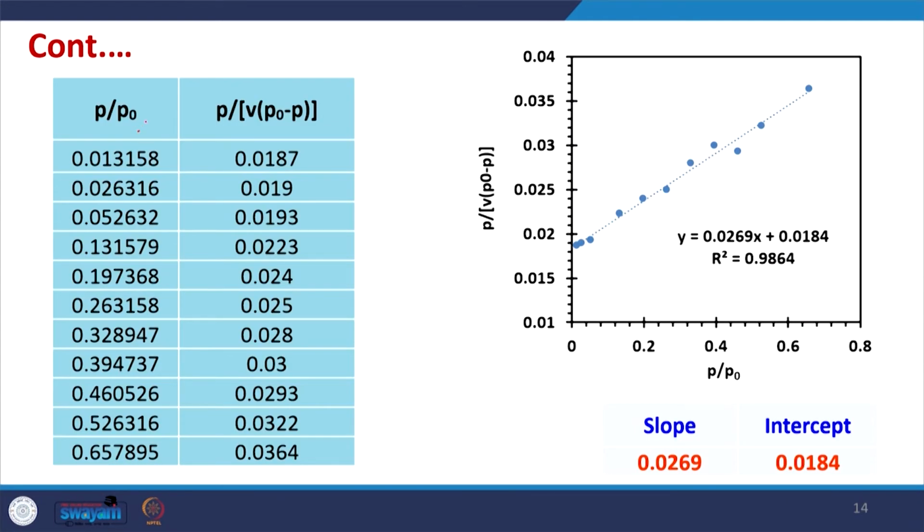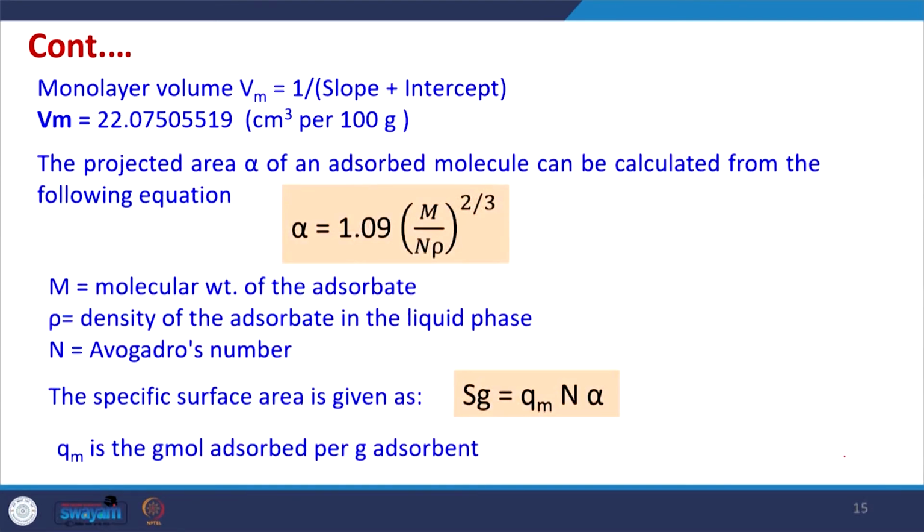So, the P by P0 data and the P by V into P0 minus P data have been determined again. We can plot this data and draw a linear line on this. The slope of this curve is 0.0269, the intercept is 0.0184, and both can be used together to find the volume.